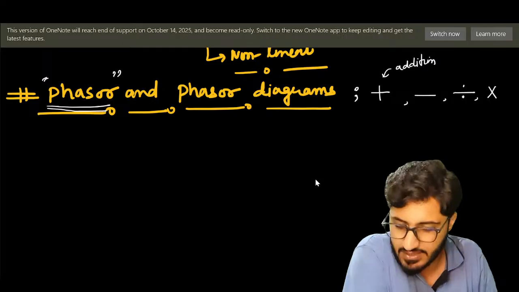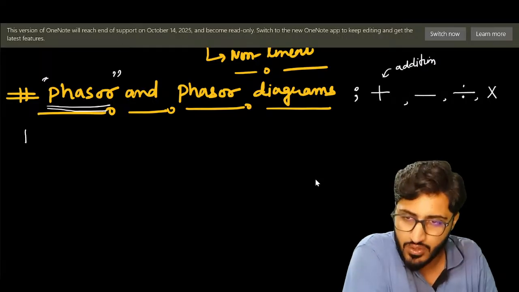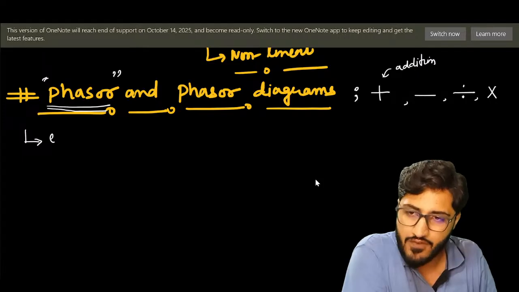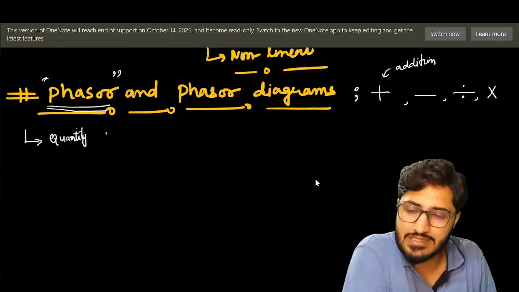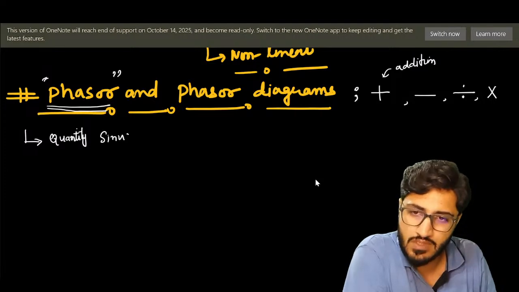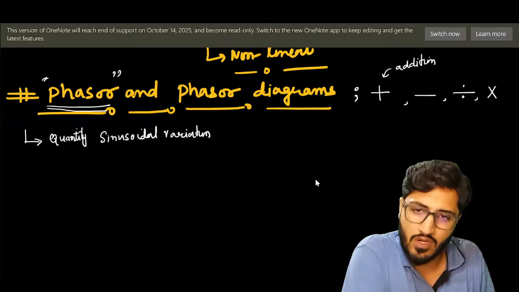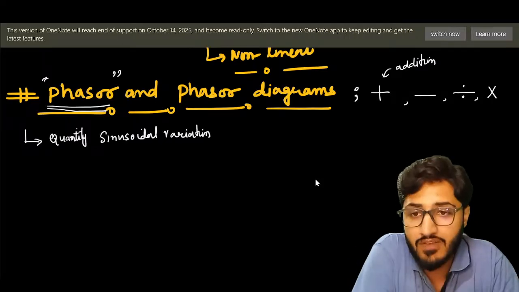You need to understand a couple of things. First, the quantity you are dealing with is sinusoidally varying.